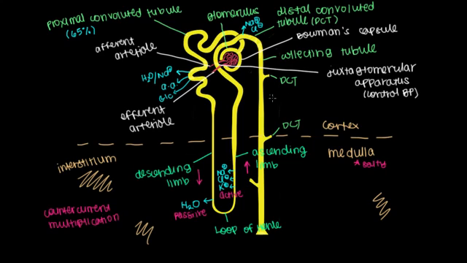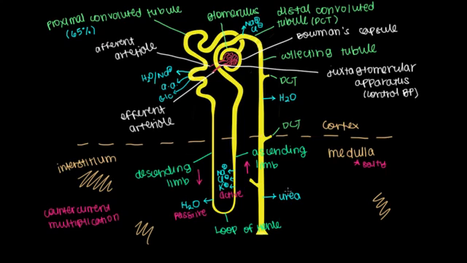And we actually reabsorb a couple of things in the collecting tubule as well. The main thing that we reabsorb into our interstitium is water, and another thing we reabsorb that I'll show deep in the medulla right here is urea. Urea is one of the main waste components that we actually pee away, but sometimes the kidneys like to hold on to urea to increase the osmolarity in the medulla to help drive water reabsorption in the loop of Henle.